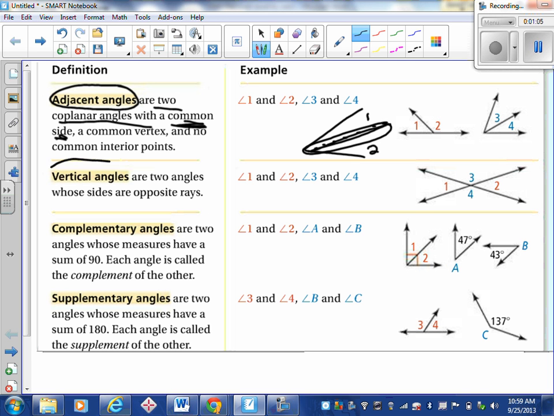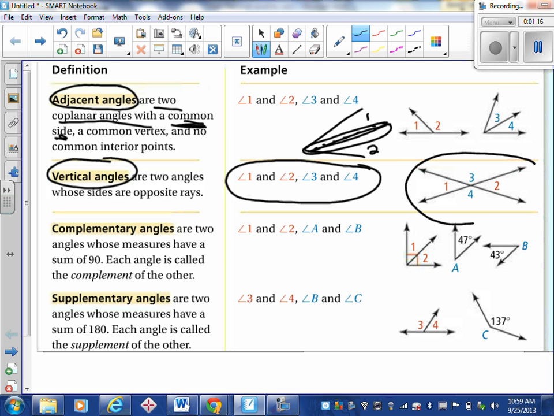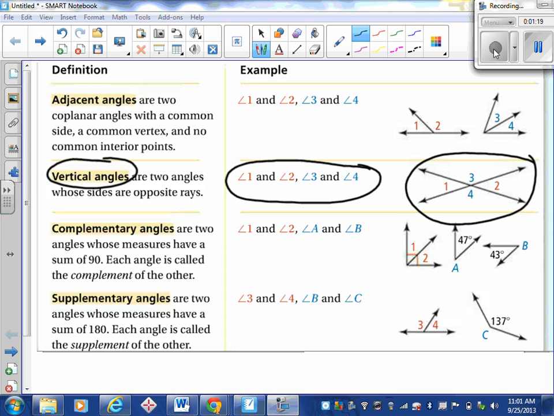Next angle I want you to write down is vertical angles. Write down angle 1 and angle 2, angle 3 and angle 4, which goes along with that picture. Vertical angles are two angles formed by opposite rays.